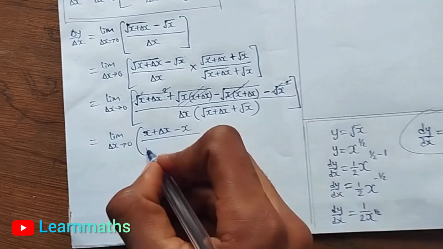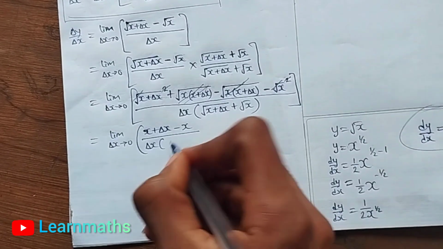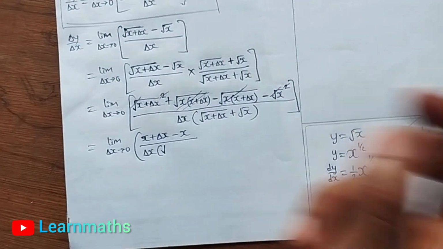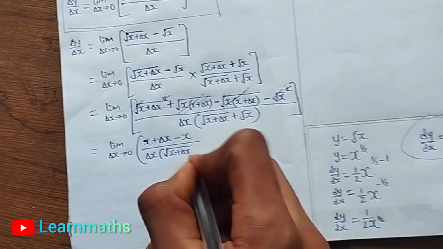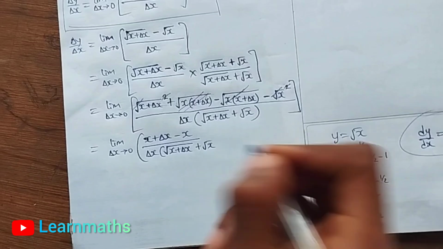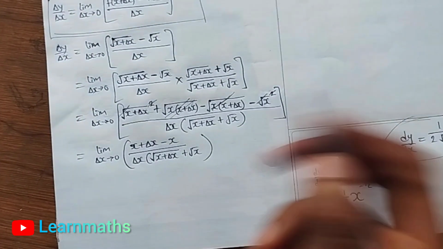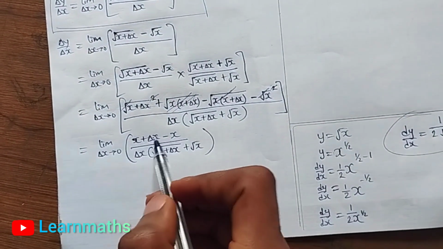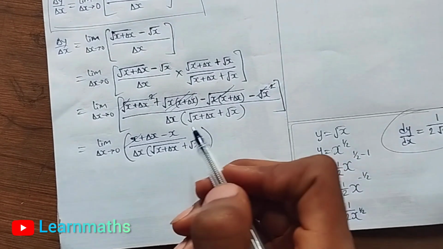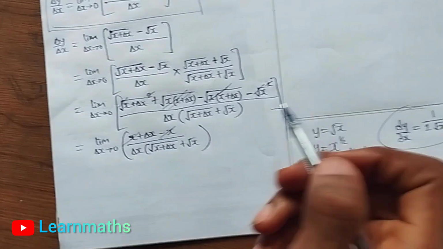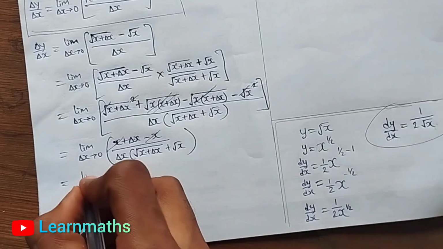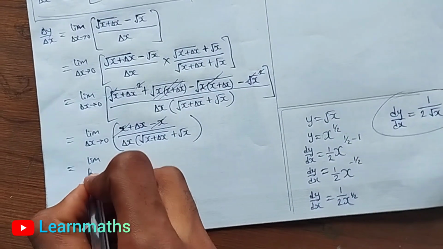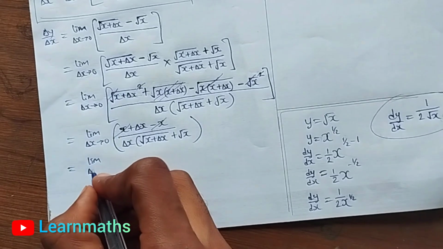Then at the denominator, we have change in x. There might be no need to open this bracket, right? Square root of x plus change in x plus square root of x, right? Back to the numerator, we have x plus change in x minus x. Now this x can minus this x, leaving us with change in x, right? So I'm going to rewrite this as the limit as change in x approaches 0.